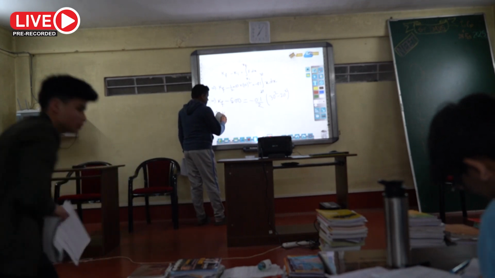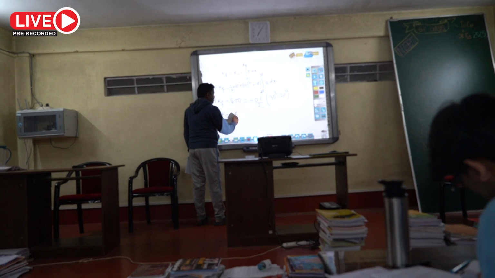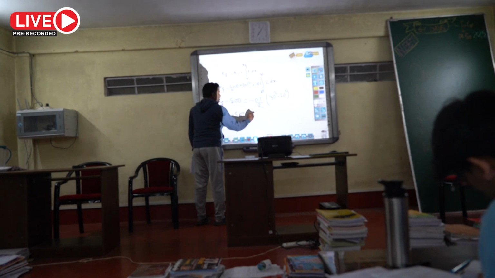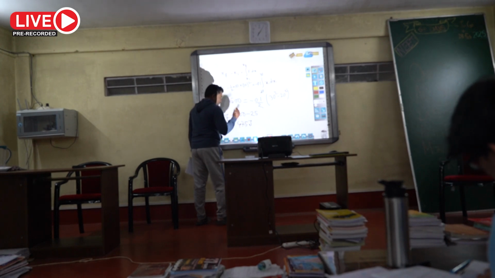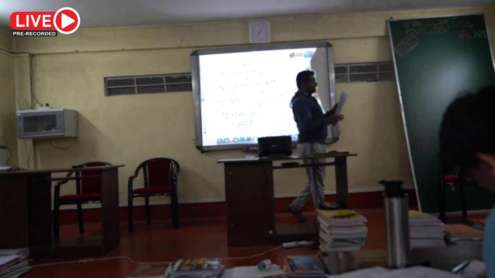So Kf equal to 500 minus 25, that is 475 joule. This is the final kinetic energy.